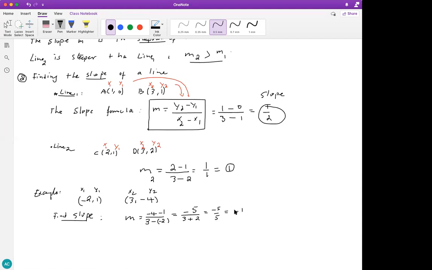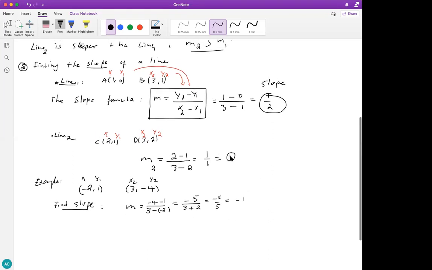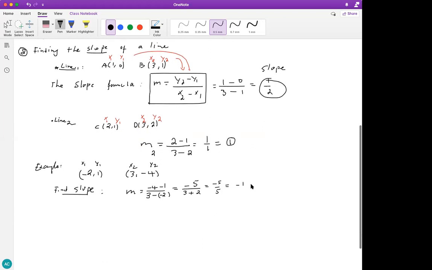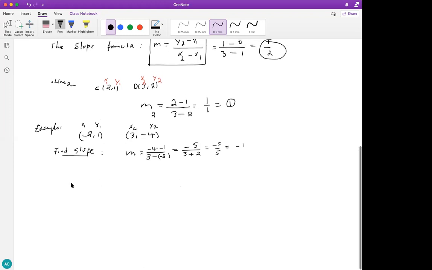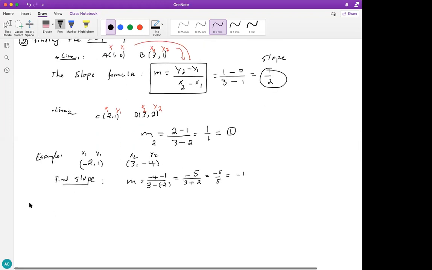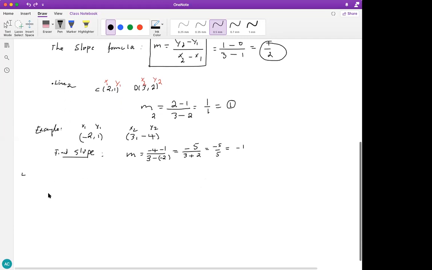We'll explain why. There are four cases for the slope. It could be a negative number, could be a positive number, could be a whole number like this or a fraction. So let's discuss when the slope is negative and when it's positive.